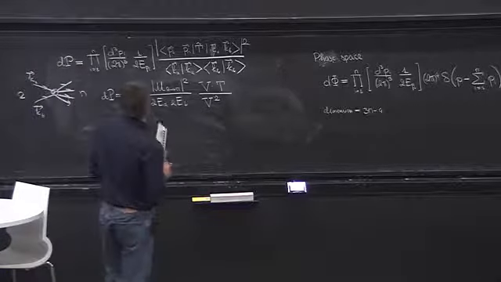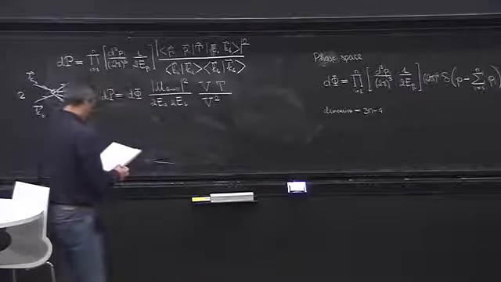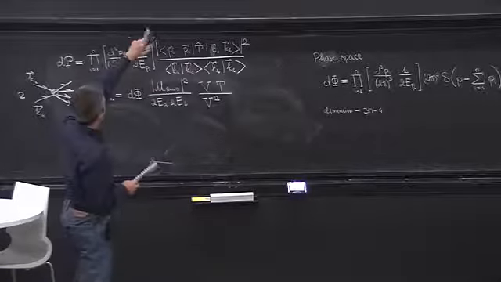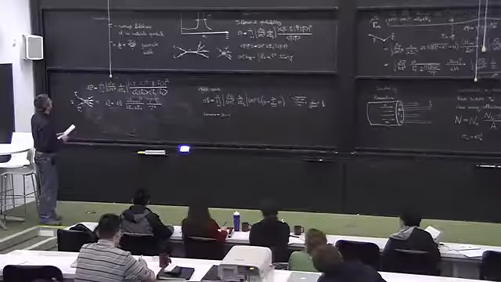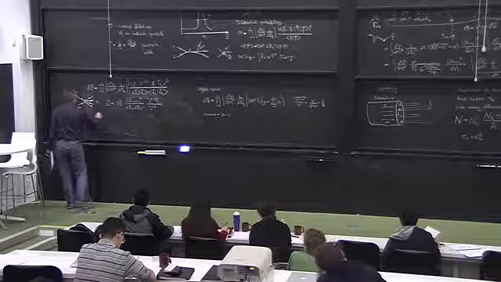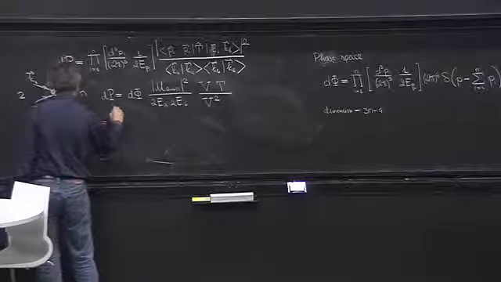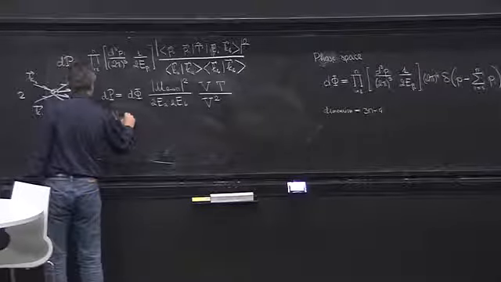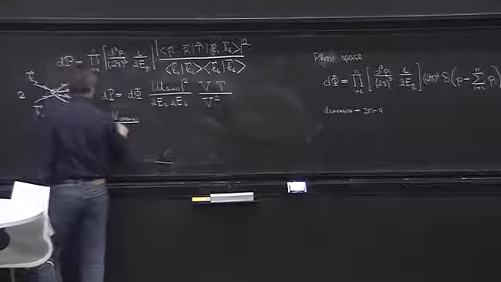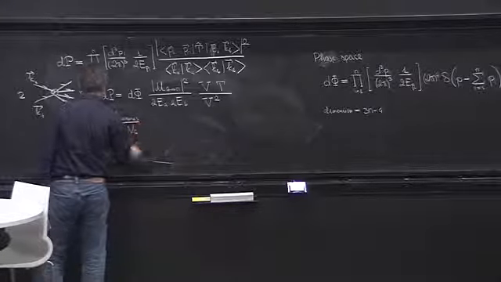Now, if we compare this to the formula on the top of the blackboard, then we will see that the number of collisions, so probability, what is probability? It is the number of collisions divided by number of A and B particles.